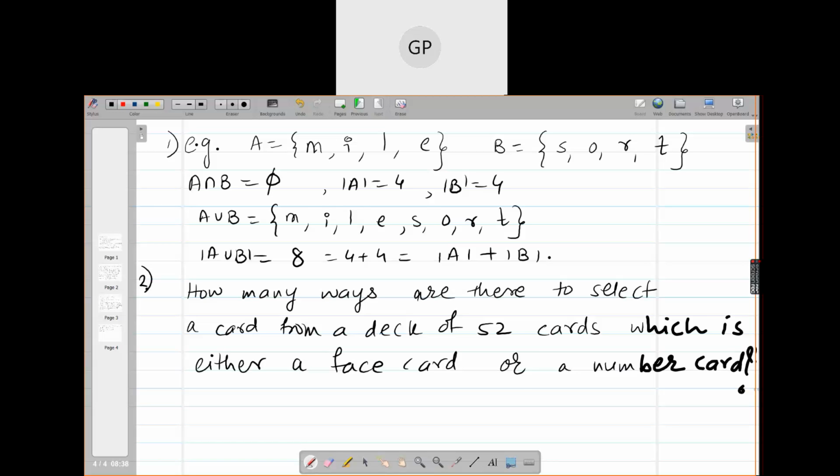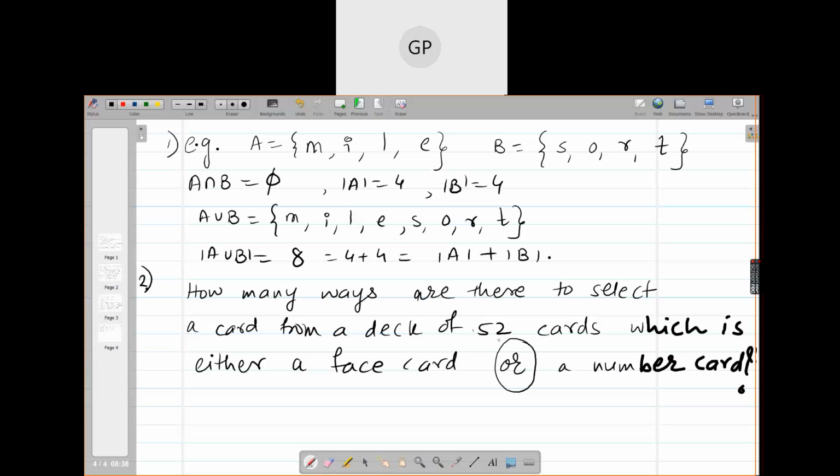Whenever you have the word or, you have to understand that you have to use the addition principle, but you have to first check whether your events or sets are disjoint. If they are disjoint, then only you will go directly for the addition principle.